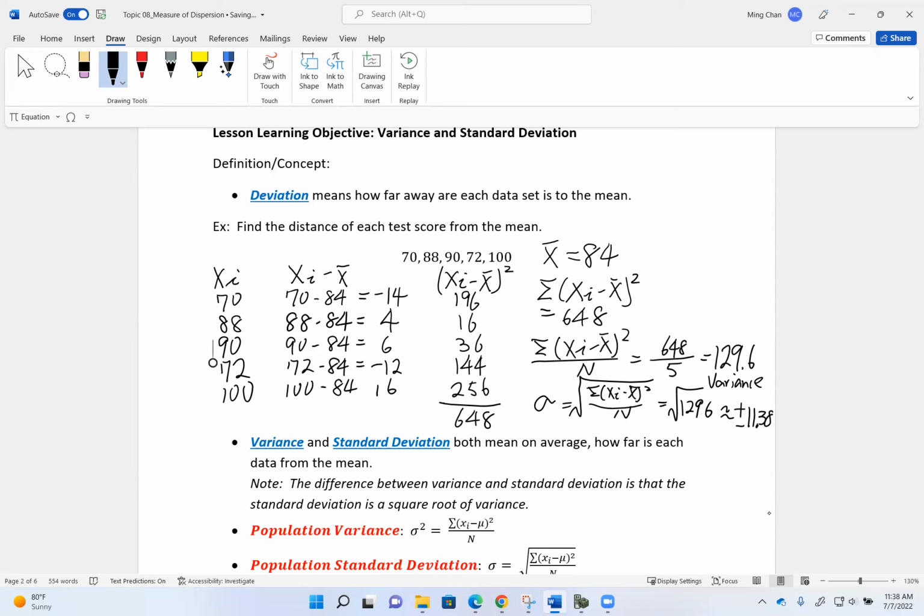Let me say that again. This positive negative 11.38 means on average, each data value is about 11.38 above or below the mean. That's how much distance on average those data values are from the mean.